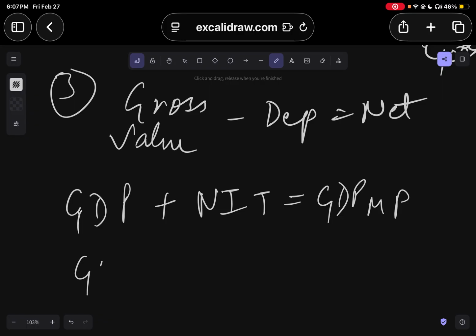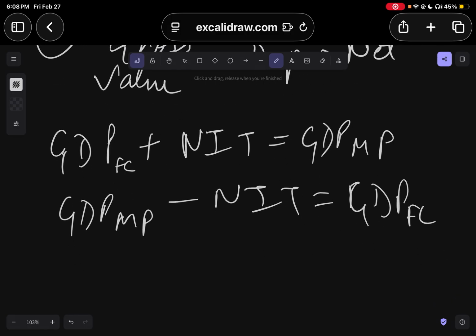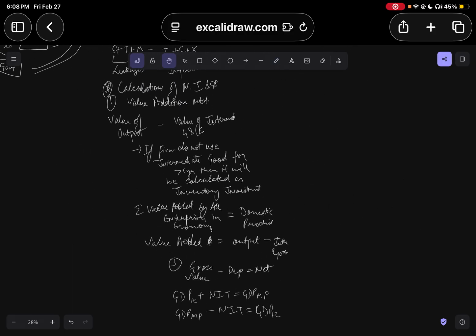So GDP-MP minus NIT is GDP at factor cost. Tax is a compulsory payment by government to households and firms. None of them can expect anything in return from government. Indirect tax increases price of goods by getting added to factor cost. So market price minus NIT is factor cost, and we will do production method and expenditure method in the next one.